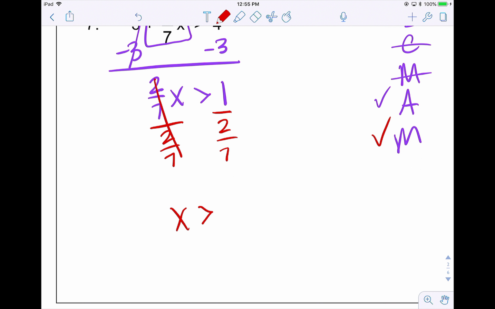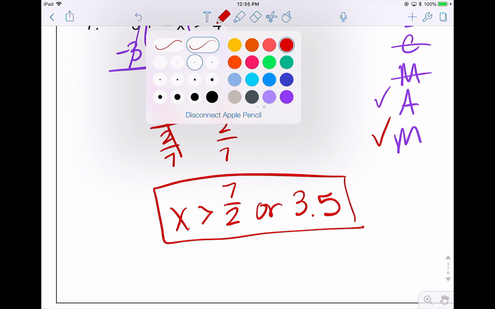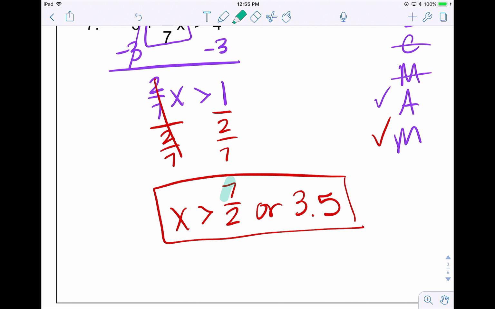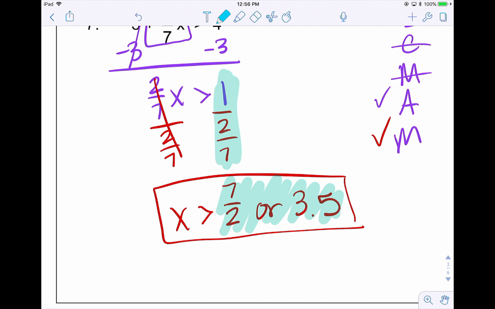And x is greater than 7 over 2, or the decimal version is 3.5. In order to get 3.5, or 7/2, I put this exactly like I see it in my calculator: 1 divided by alpha y equals 2 over 7, and find my answer.